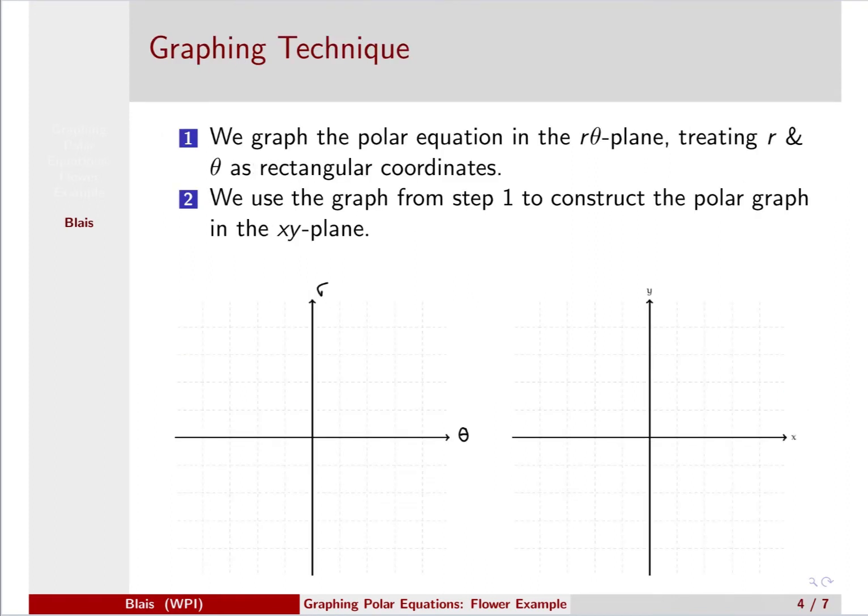And let's revisit our graphing technique. The idea is we work in two spaces. We work in r-theta space, where we think about the polar equation being graphed with r and theta as Cartesian coordinates. And then we use the information in that graph to draw the graph in the xy plane when we interpret r and theta as polar coordinates.